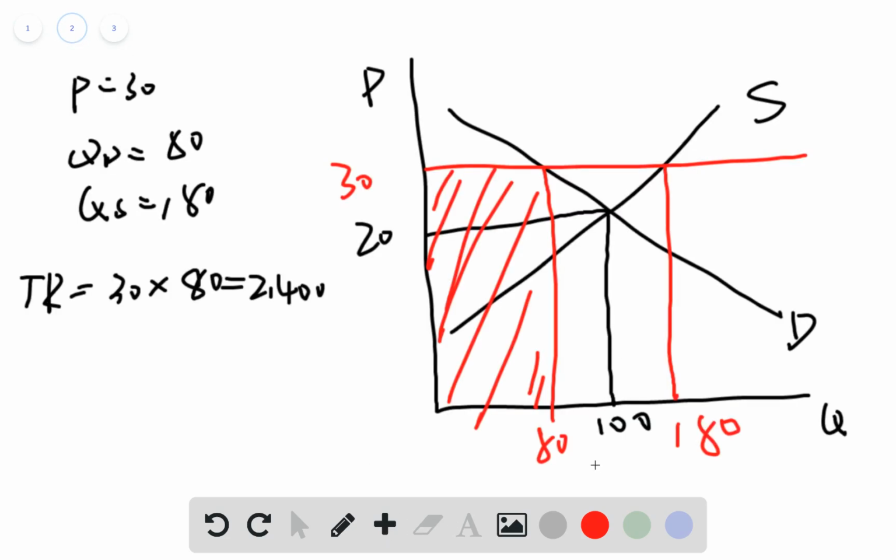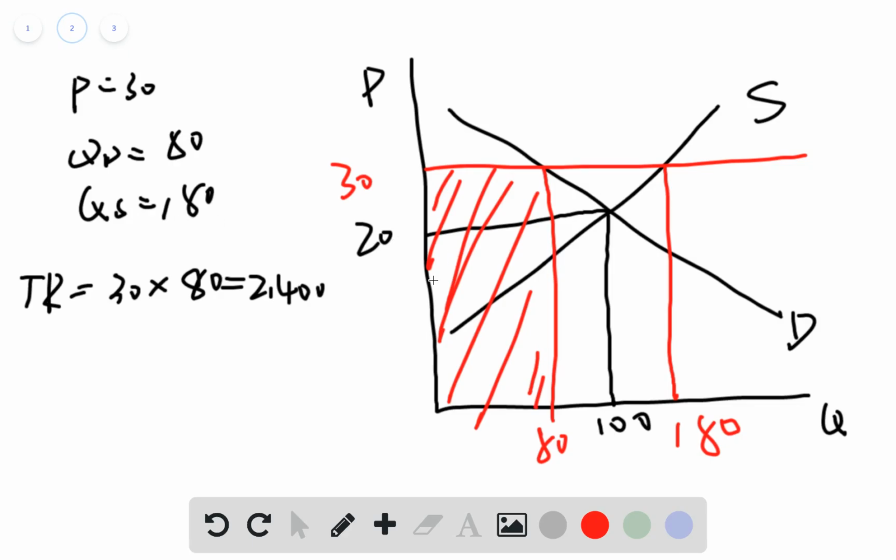Let's look at the third part of it. The third part says that in this case, when the government sets the $30 price floor, the government would purchase any surplus amount of goods from the producer. So what's the amount of surplus? So we know that at this price, $30, quantity demanded is only 80, but the quantity supplied is 180.